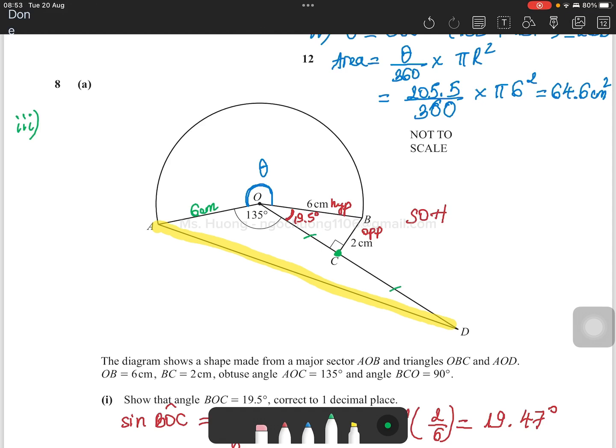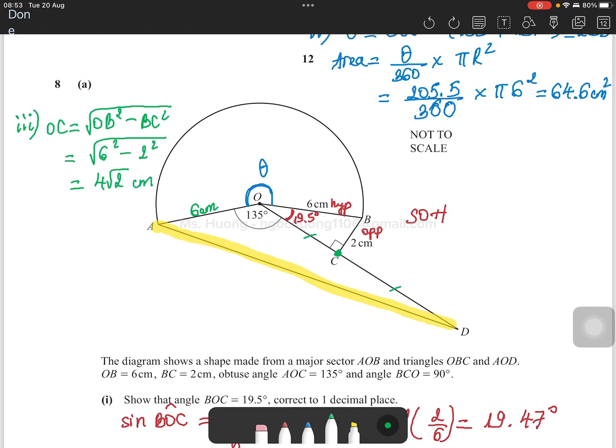In the triangle OBC, OC is equal to the square root of OB squared minus BC squared. OB is 6 centimeters. BC is 2 centimeters. So this is equal to 4 root 2 centimeters.